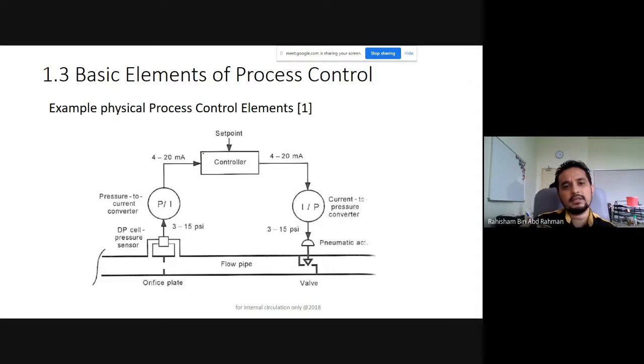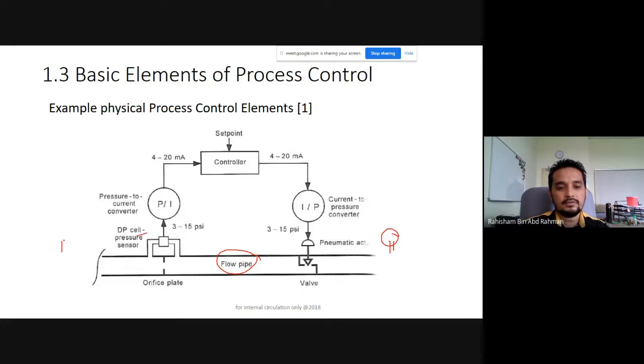Okay, for another example like this one, we have a controller here, with the set point. We have a flow pipe here, a pipeline, and we put a gauge here. This is why you see a lot of gauges along the pipeline.